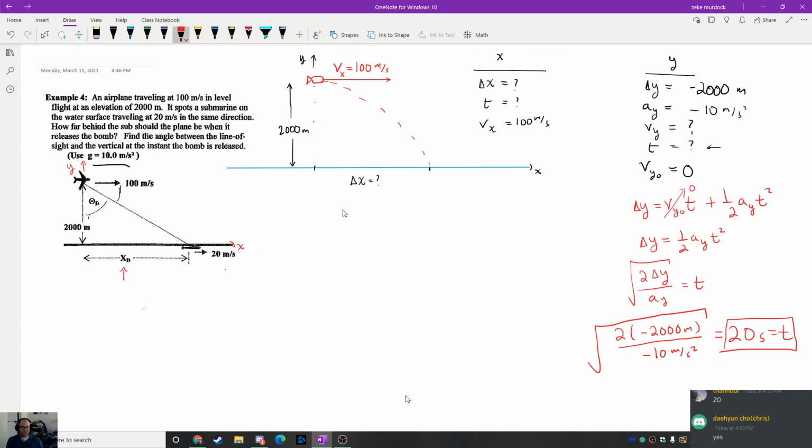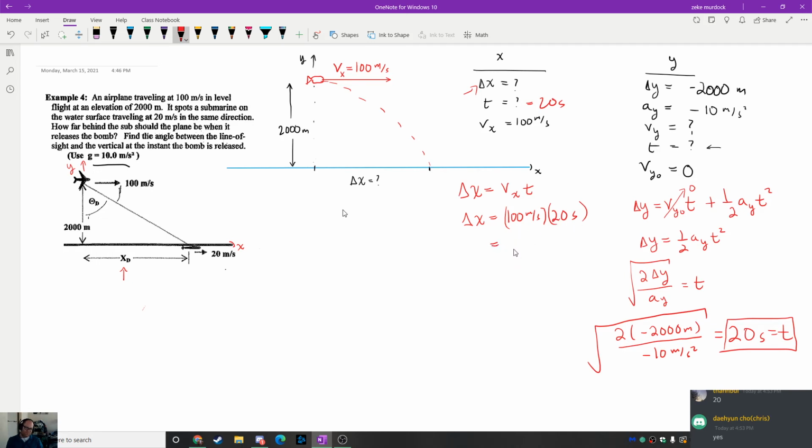And we can solve for some other information now, because if we know the time here is 20 seconds, we can come back and solve for delta x, right? So delta x should be equal to basically vx t. So that's going to be 100 times 20. 2,000?